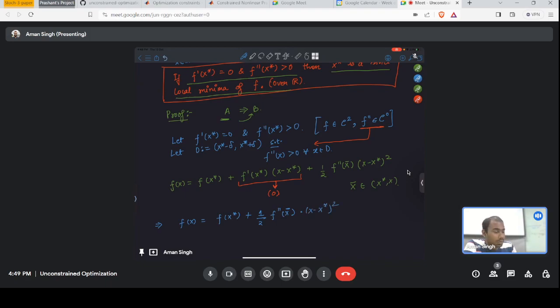Now we already assumed that x belongs to D, so we have kept x in that neighborhood D where f double dash is positive. Then x bar also belongs to D, because x bar is between x and x star.